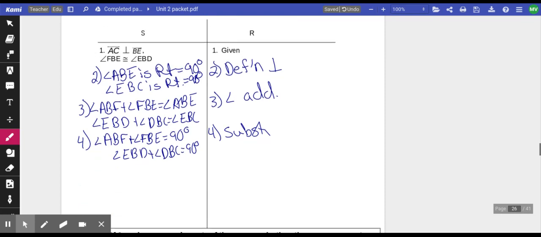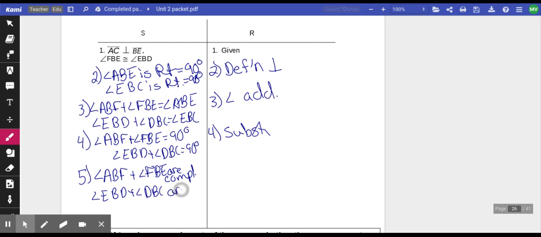And now I know that ABF and FBE are complements, and angle EBD and angle DBC are complements. That's the definition of complementary.